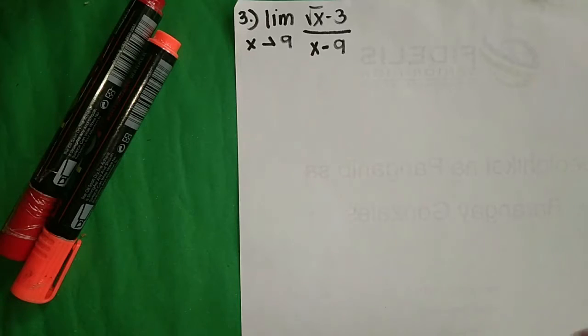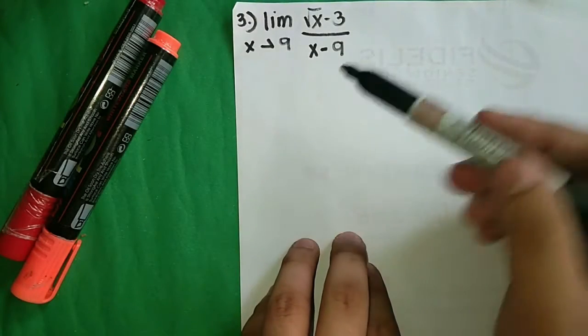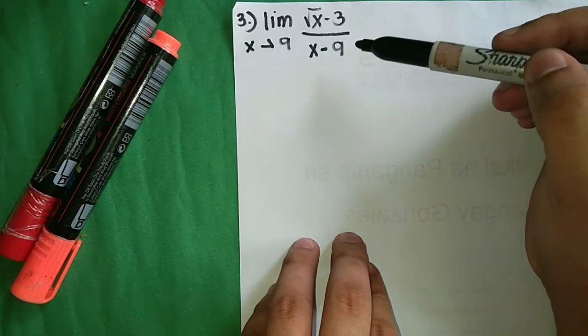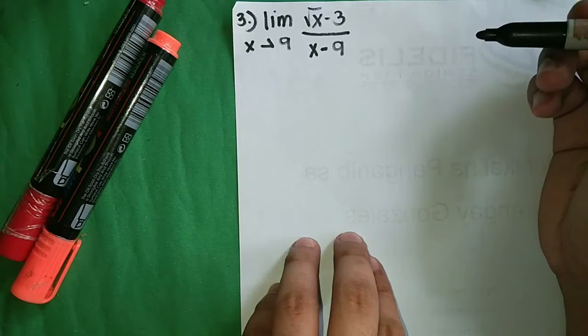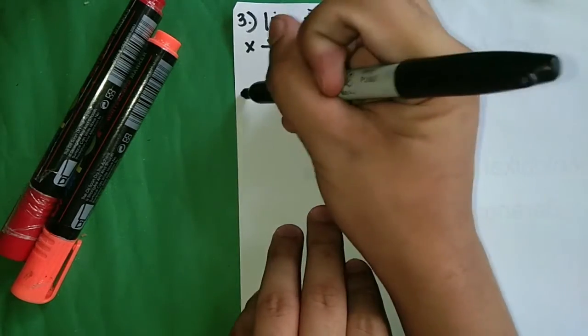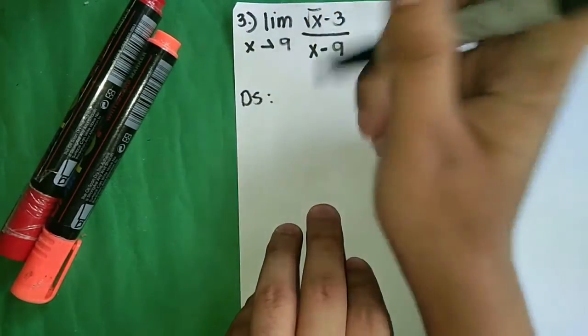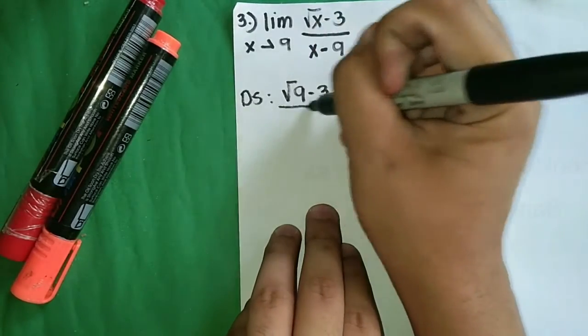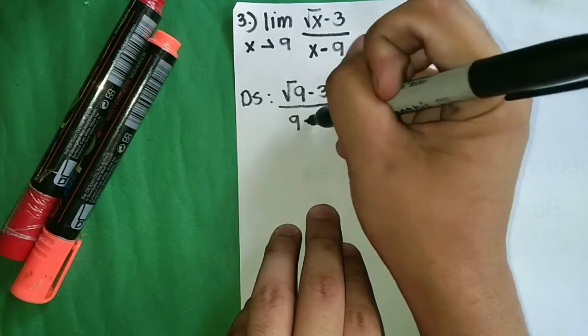So in example number 3, which is read as the limit of the square root of x minus 3 over x minus 9 as x approaches 9, the first thing that we're going to do is direct substitution, replacing x with 9.